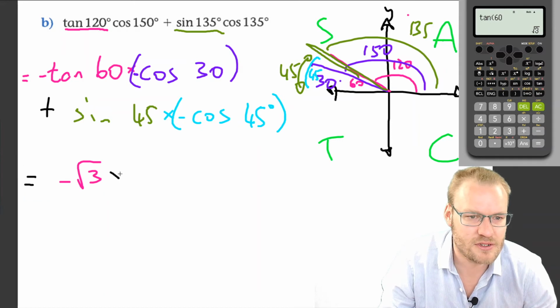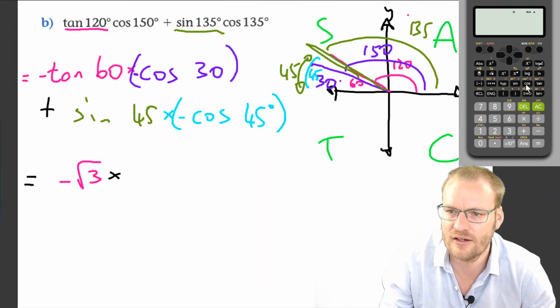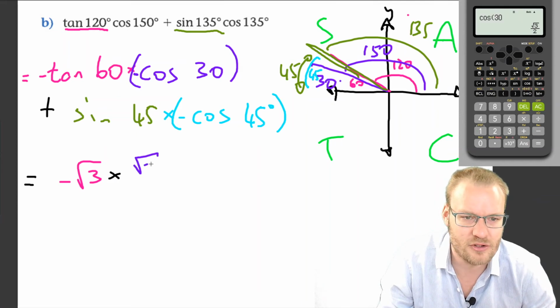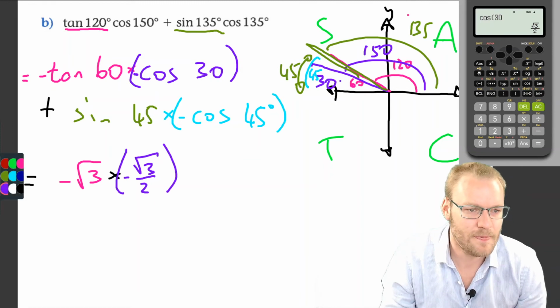And then we need to still multiply that by, let's match our colors, cos 30, that's root 3 over 2. But there was a negative there, so let's remember that negative.